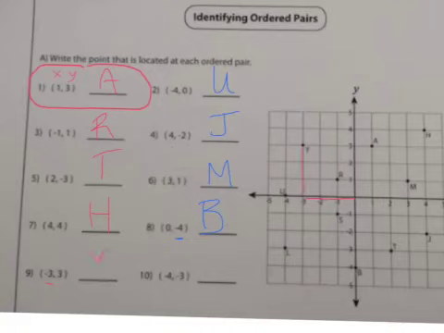So you should have ended up at Y. And lastly, we have number 10. -4 is left, so go left 4, and then -3 is down, so go down 3. You'll end up at L.